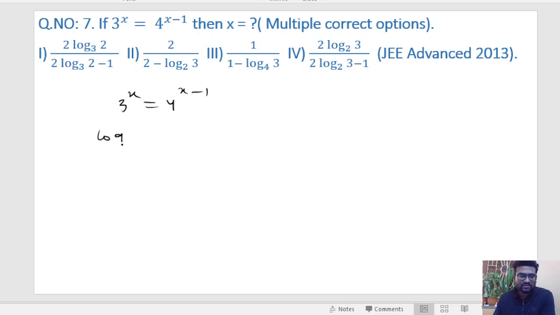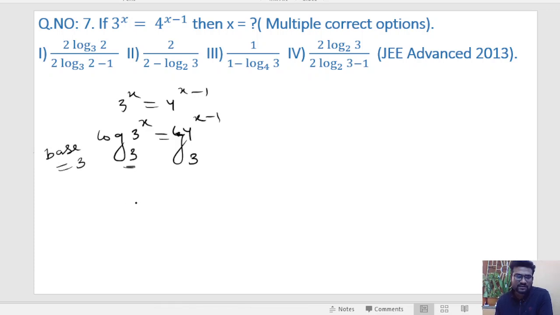We take the log of 3 to the power x and the log of 4 to the power x minus 1, taking base 3. This is a multiple correct option question, so we can take any base. We take base 3, and we can get x equals x minus 1 times log of 4 base 3.